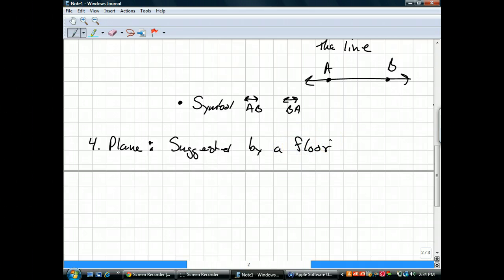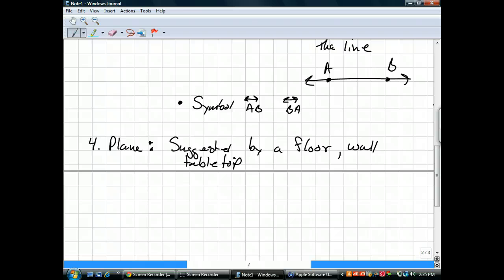The floor in our classroom is part of a plane, a flat surface that goes on forever. Or a wall is part of a plane. A tabletop is again part of a plane.